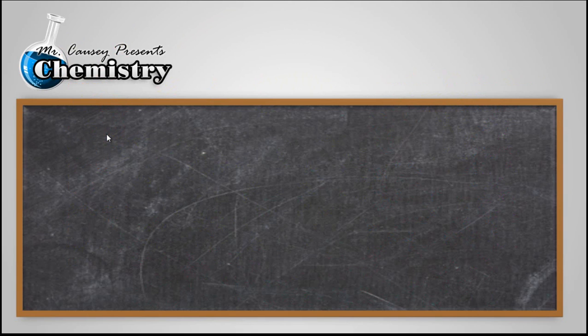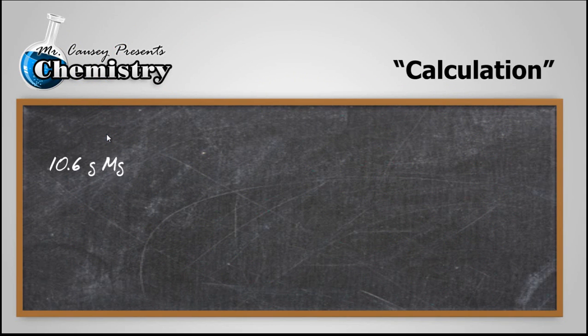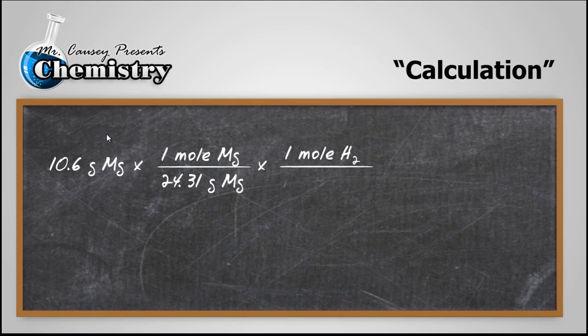Here are our calculations. We're going to have 10.6 grams of magnesium times our molar mass, and we got that from the periodic table. And then we're going to multiply that by the mole ratio, and then we're going to multiply the mole ratio by the molar mass of hydrogen. Now notice we've set this all up so that our units will cancel out with the proper unit analysis.